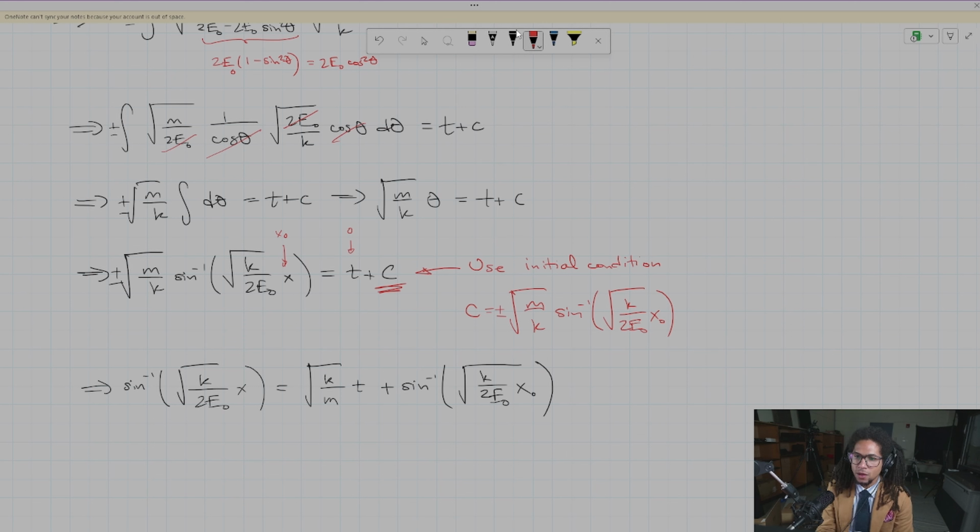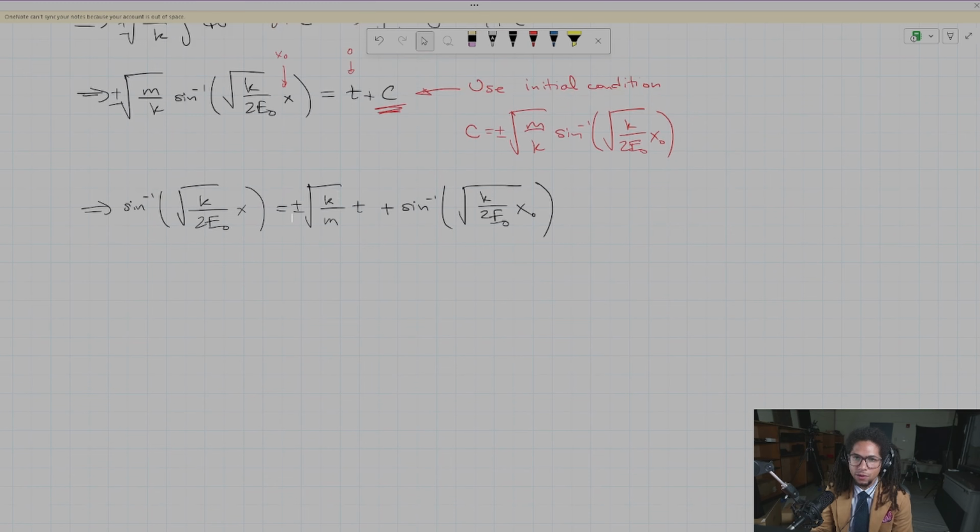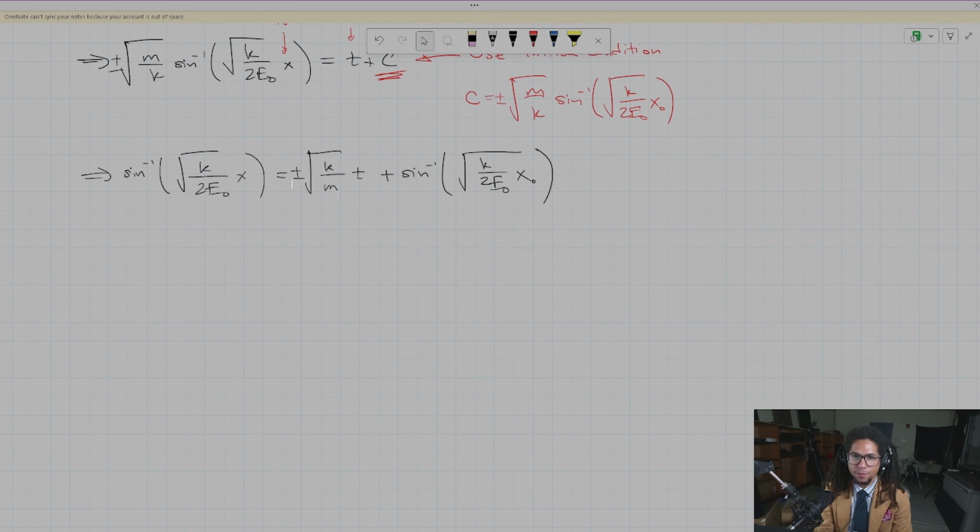What that ends up doing is meaning that when I multiply over this constant, I'll multiply a plus or minus over with it. So I get this. Great.